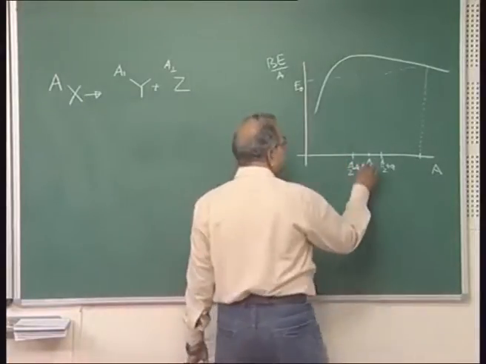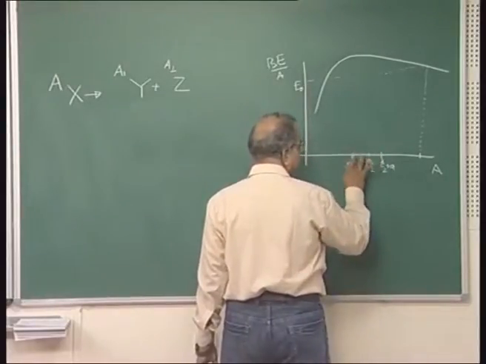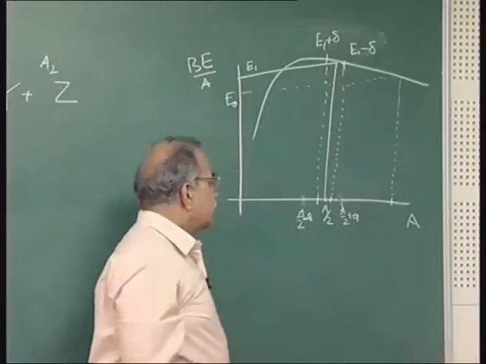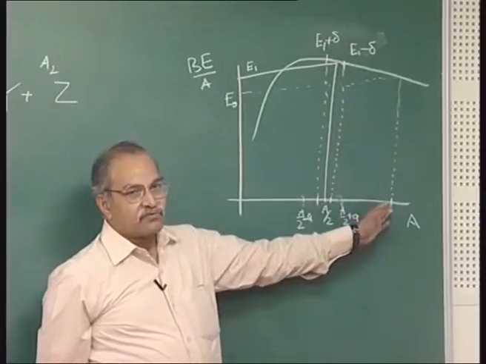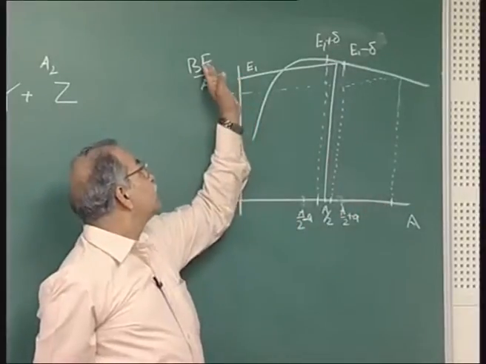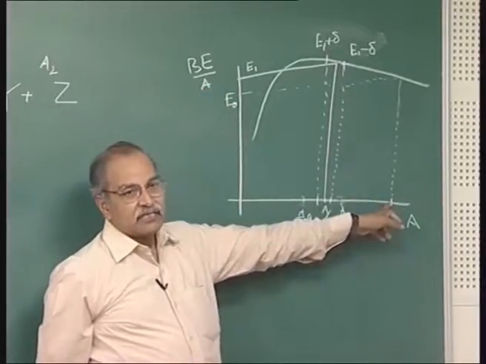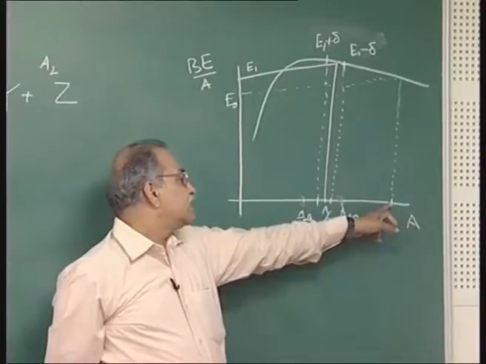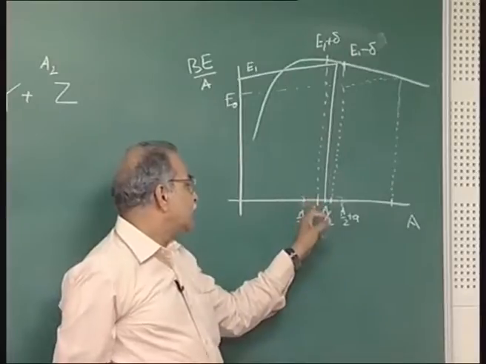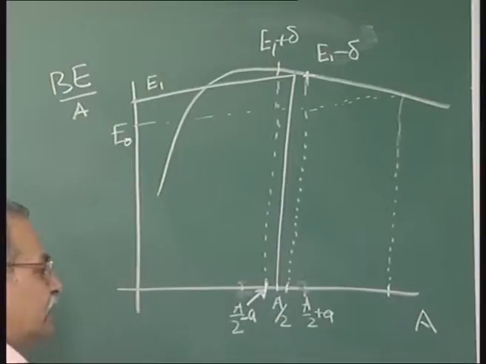So, the binding energy, okay, my scales are somewhat different. So, let me put it here. Let me repeat what it is. I am finding the binding energy per nucleon value for the initial nucleus, mass number A, and then for the two fragments at mass number A by 2 minus a, that is here, and the other is here, which is A by 2 plus a.